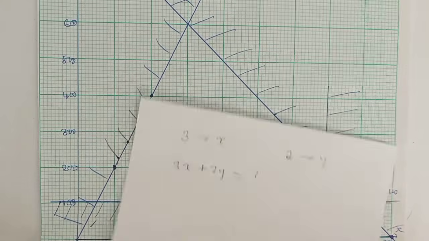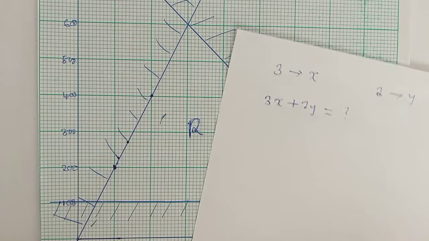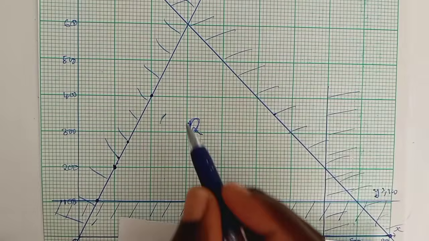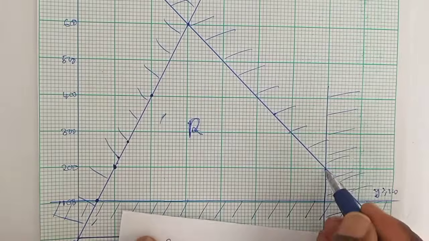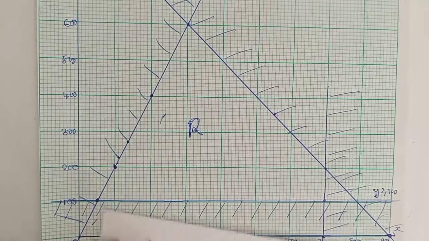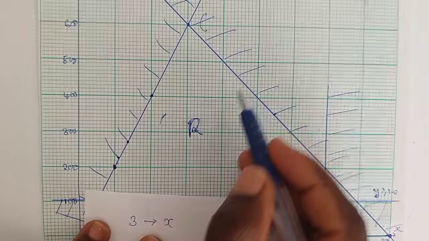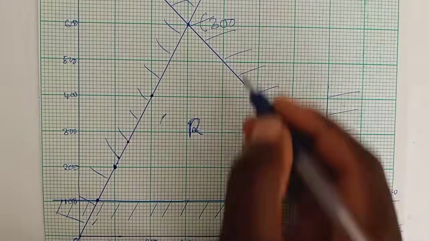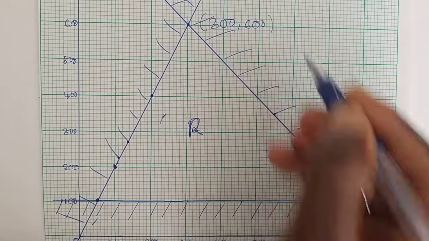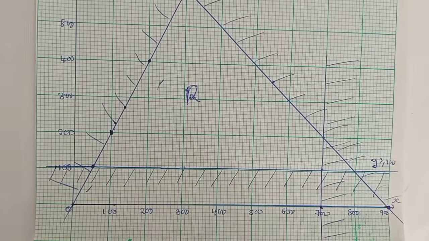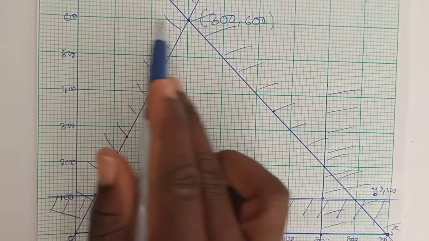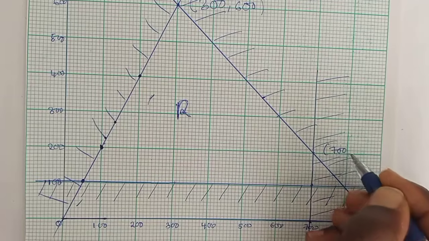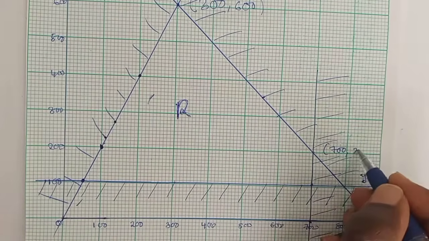So now our duty will be to pick the coordinates. So pick the coordinates right here, here, here, and here. So we know at this point, this is 300, comma 600. At this point, it's 700, comma 200.